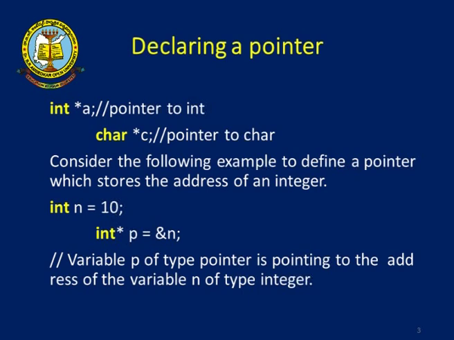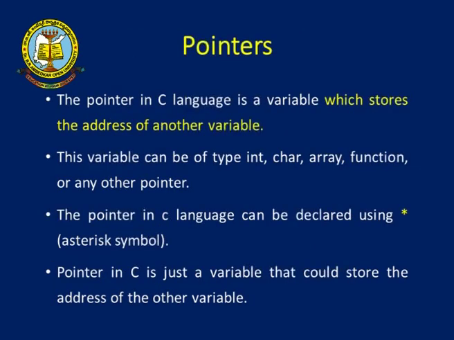What is the definition of a pointer? Just now we discussed. A pointer is a variable which can store the address of another variable. In this example, the pointer is p, the other variable is n. So, we are assigning the address of another variable to the pointer variable.